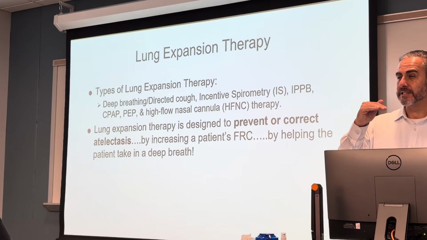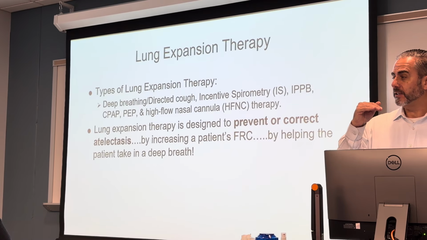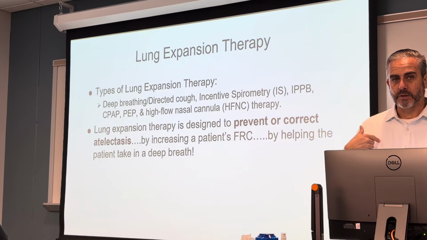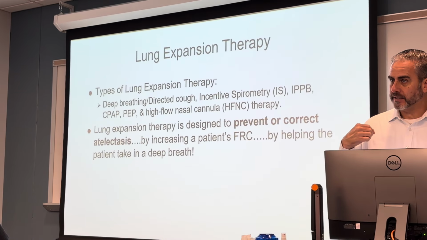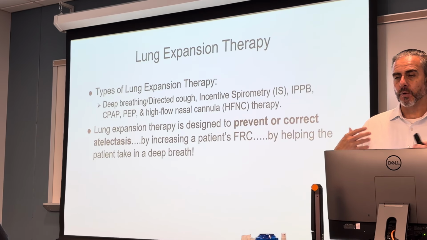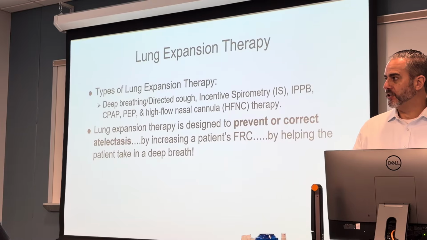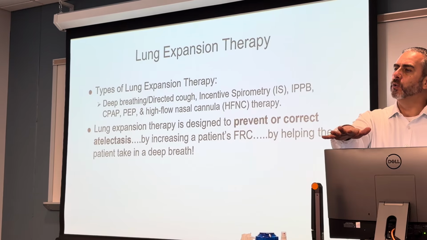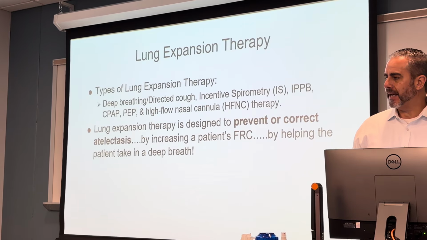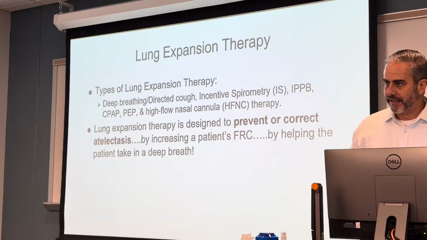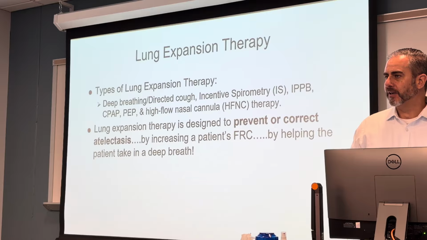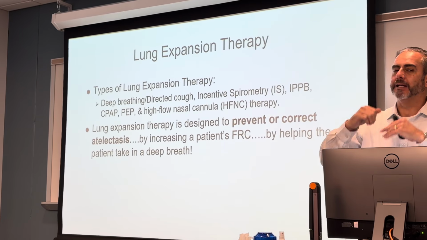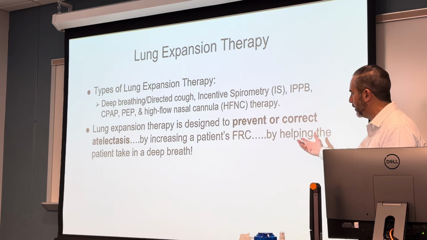After a normal exhalation, what's left in our chest is our FRC. And so we're doing this therapy to try to increase a patient's FRC. Not so much yours and mine, because our FRC is normal, but that patient who has atelectasis, who is breathing shallow, who can't take a deep enough breath, their FRC is probably getting smaller and smaller. That's why we're doing this therapy, to help increase their FRC.